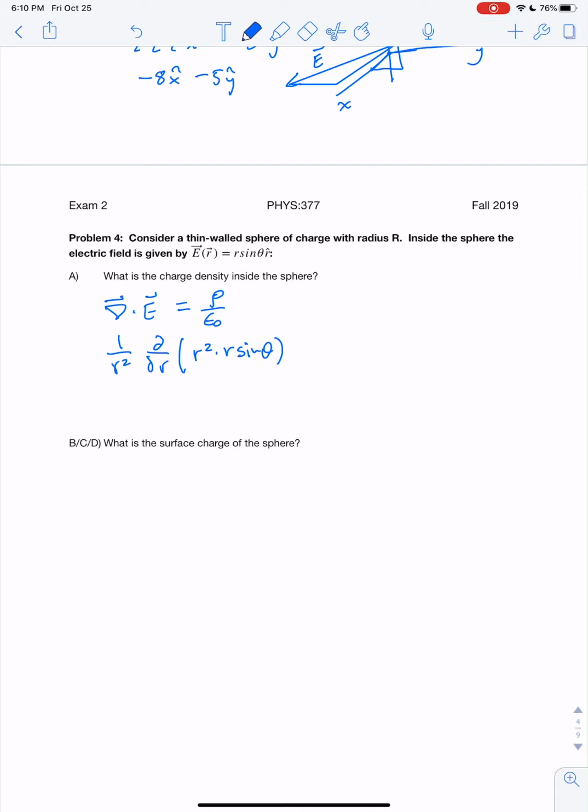So this becomes 1 over r squared d/dr of r cubed sine theta. And the derivative of that is 3r squared sine theta. The r squareds cancel, and you just have that del dot E is equal to 3 sine theta.